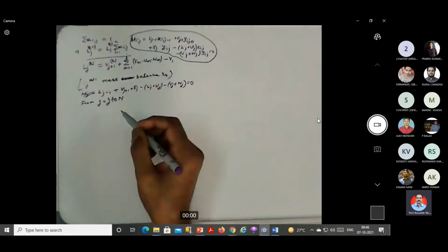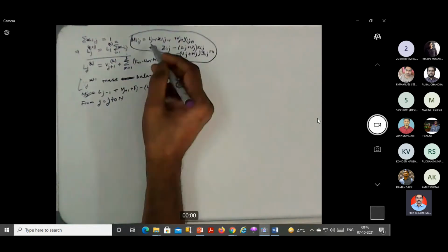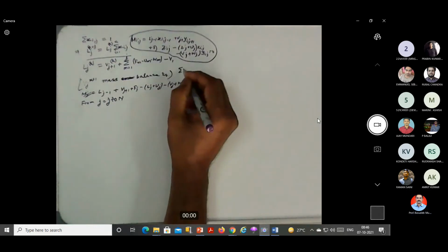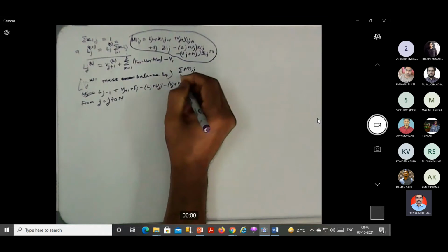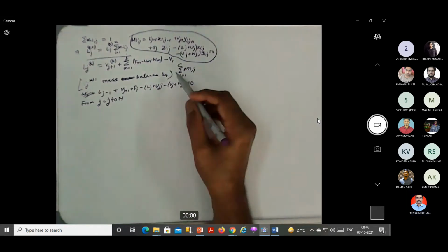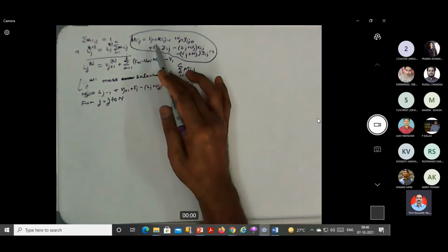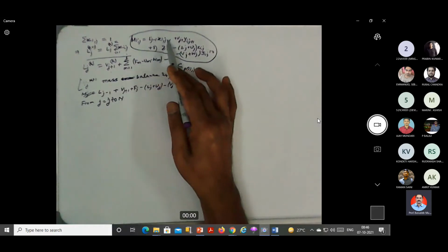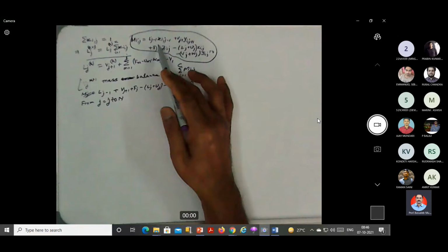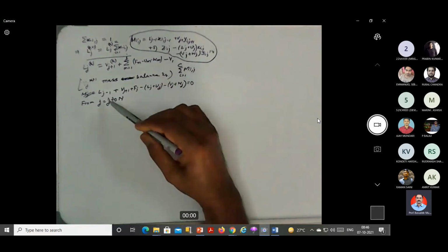Now if we take the sum of this equation over the components i equal to 1 to c, then what we get from here? We get Lj minus 1 into sigma Xij minus 1, sigma Xij minus 1 equal to 1. So you get this term.